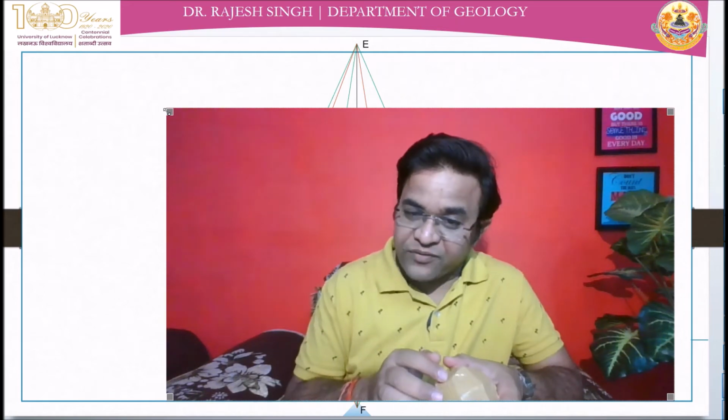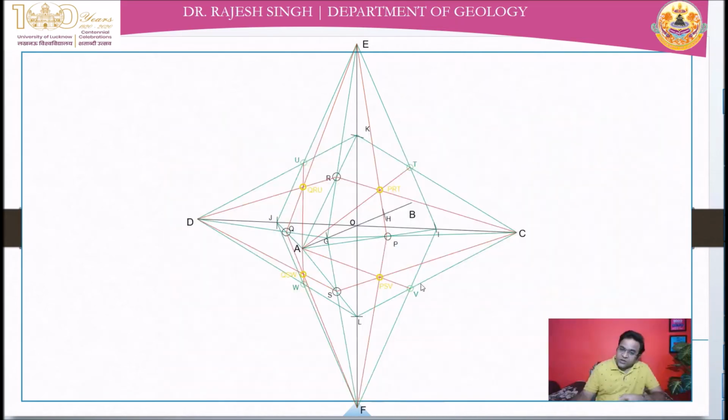So from this PRT you have to join point P, point T and point R, only 3 points.